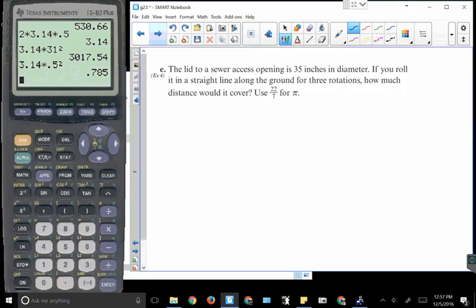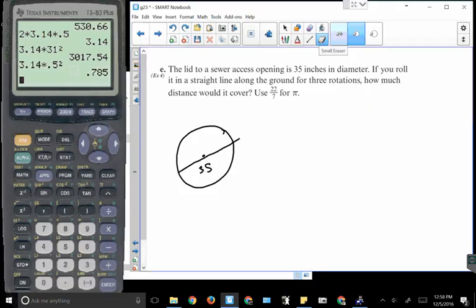All right, so you've had a little time to puzzle with this one. It said the lid to a sewer opening is how many inches in diameter? So what we've got here is a circle that has a diameter of 35 inches, correct?